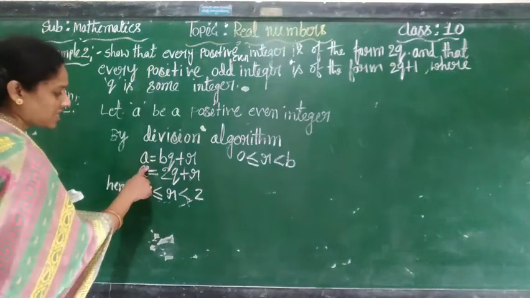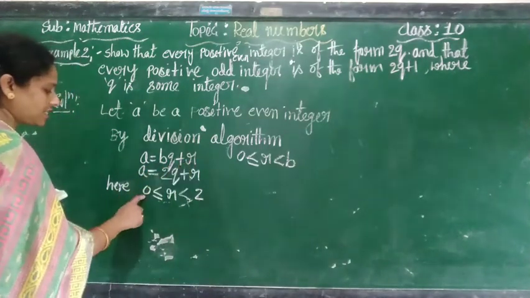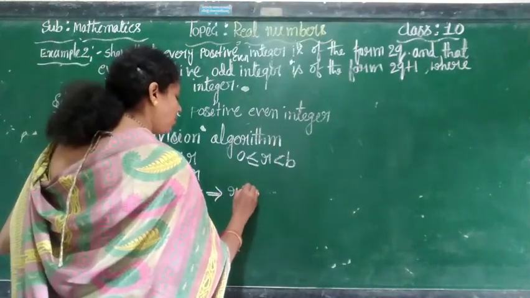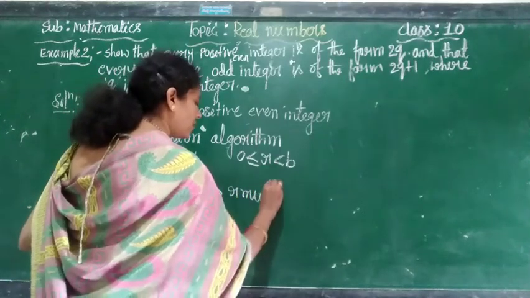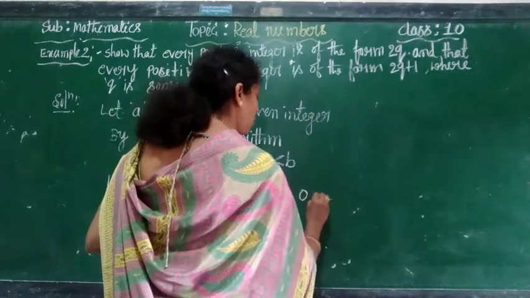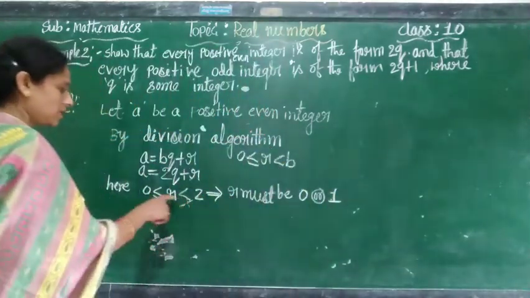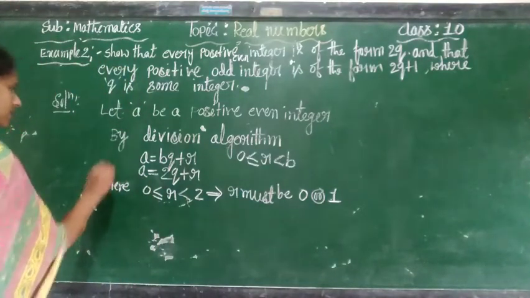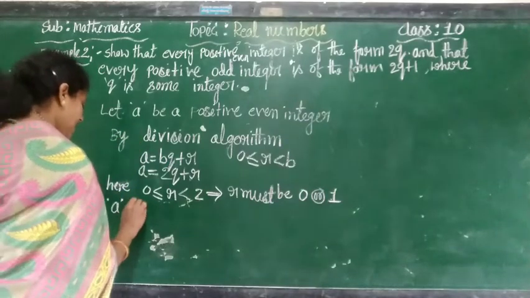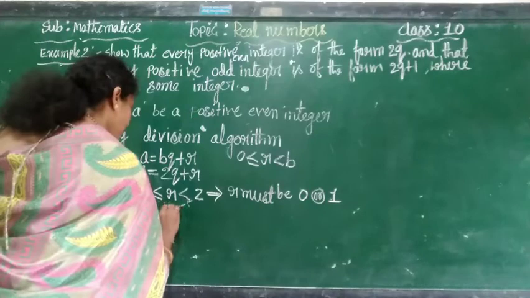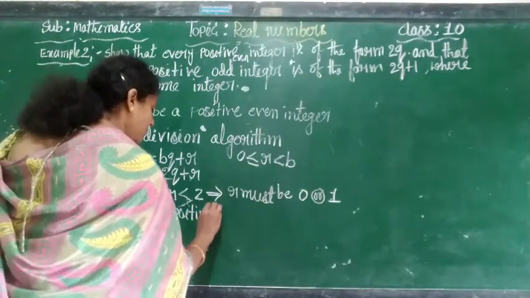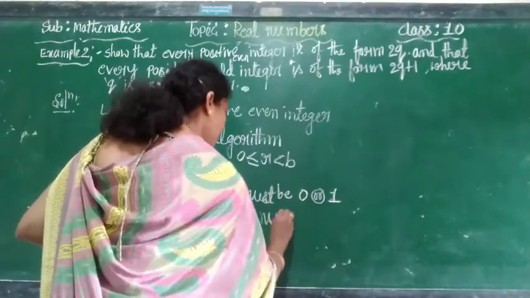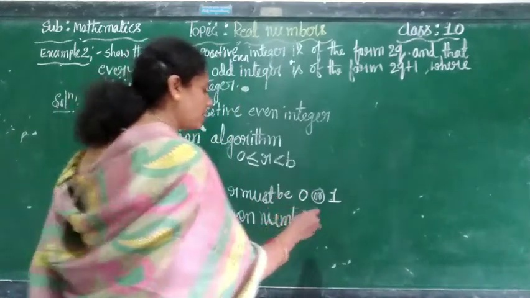Look at this, children. a is equal to bq plus r. Here 0 is less than or equal to r less than b. This implies that r must be 0 or 1. But a is a positive even number.